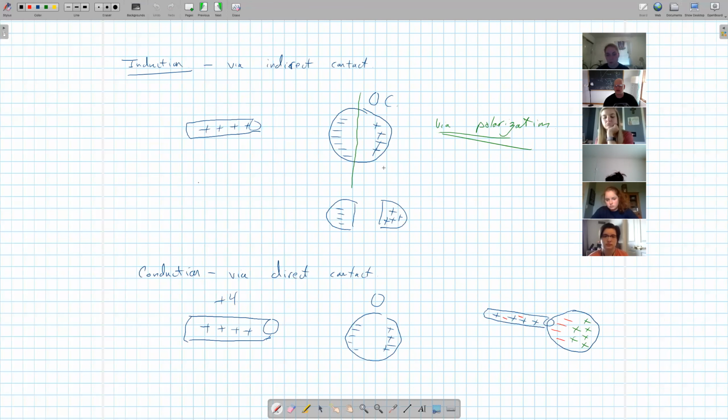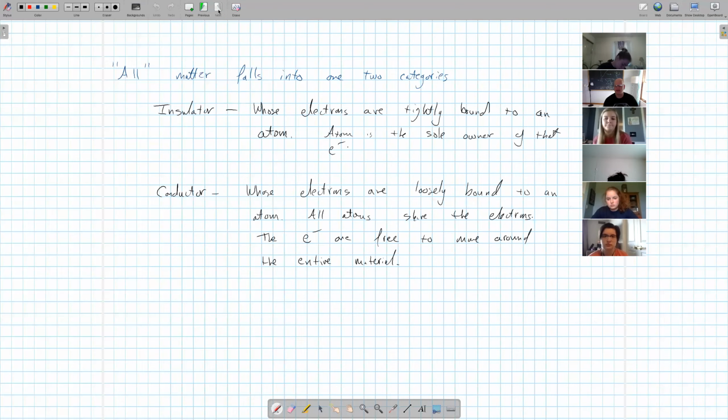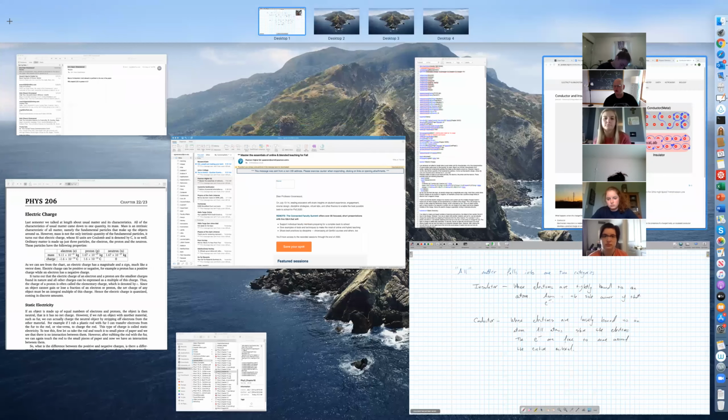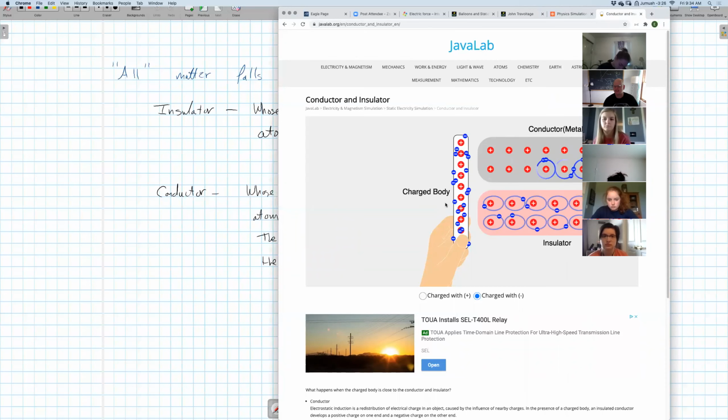The induction here will only work if I have a metal, i.e. a conductor. What we drew here won't work with an insulator. In an insulator, the only thing that happens is this small charge polarization. The conductor is what allows all the negative charges to move to one side, leaving only positive charges on the other side. Okay? So this is the difference between a conductor and an insulator.